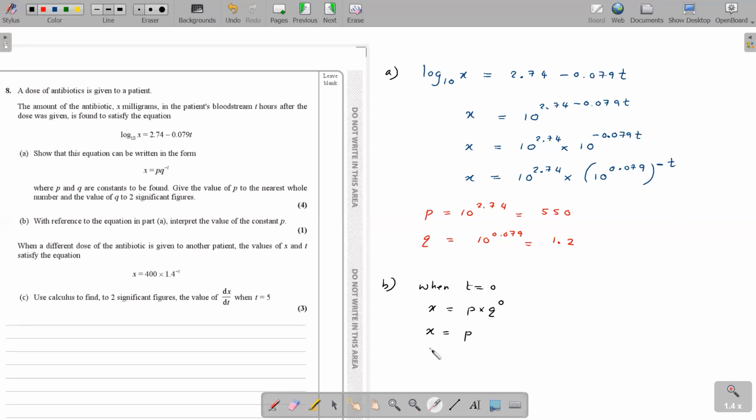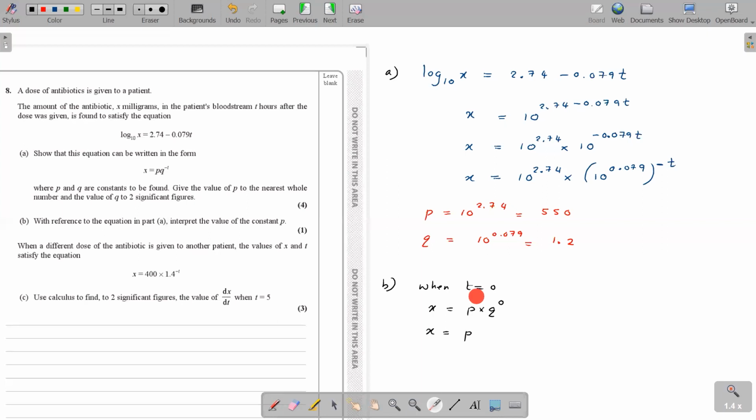So what does that tell you about the p value? X is the amount of antibiotics, right? So P is the amount of antibiotics in the patient's bloodstream. At what time? At time equals 0, which means at the beginning.